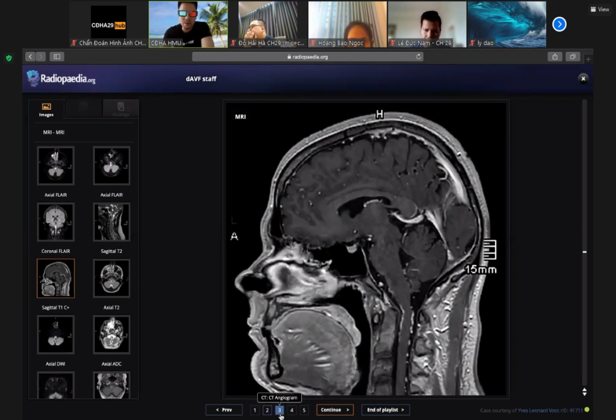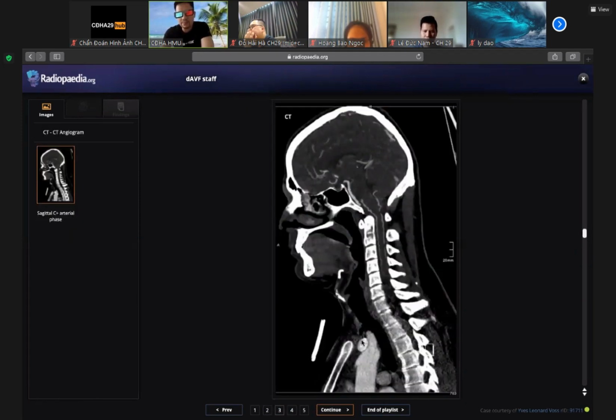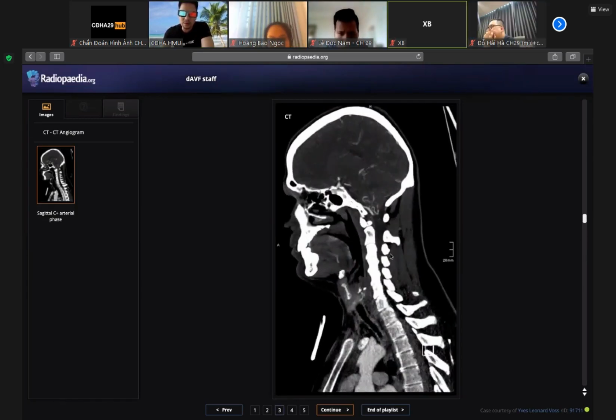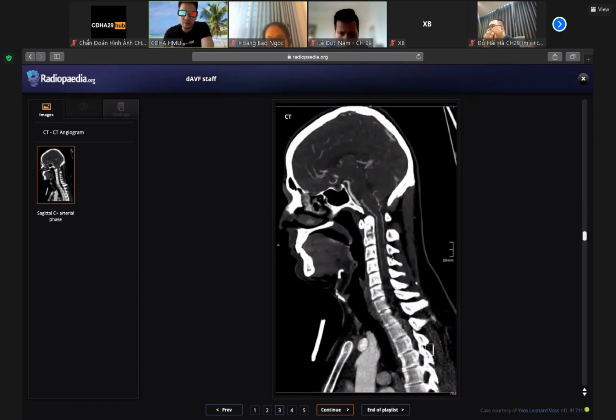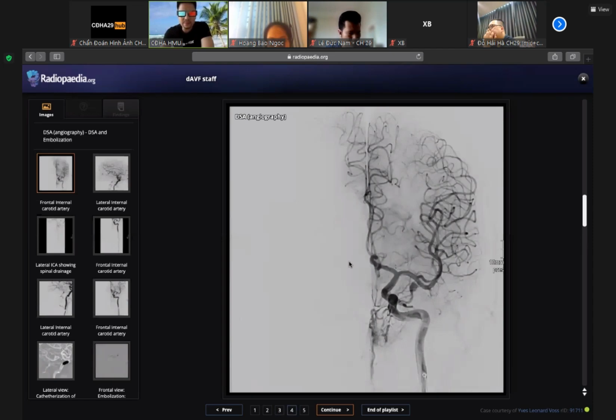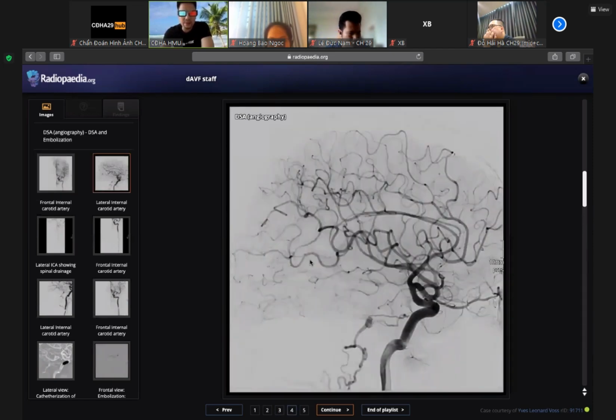And on the CT angiogram, also, we see the dilated vessel. We don't see clearly the intraparenchymal nidus, and on the DSA, we see the site of the fistula, which is fed by the arterial branches from the ICA, right?